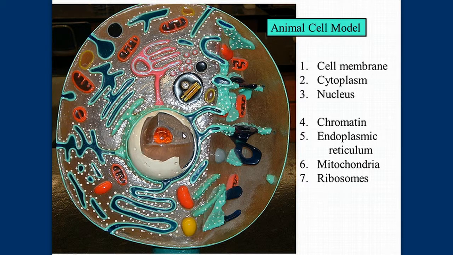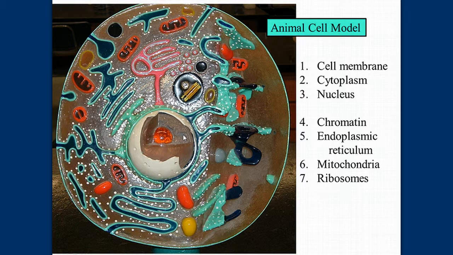And this genetic material, this DNA, is found on chromatin. Chromatin is all stretched out and found in the nucleus. If we were looking in one of our cells with a compound microscope, we wouldn't see the chromatin.